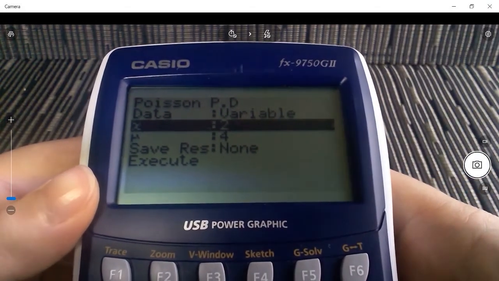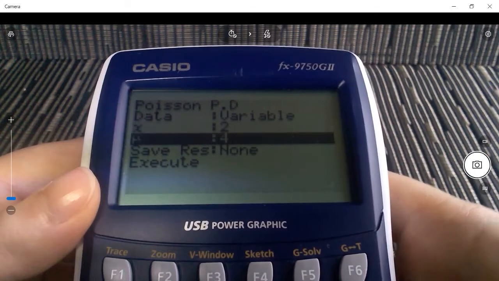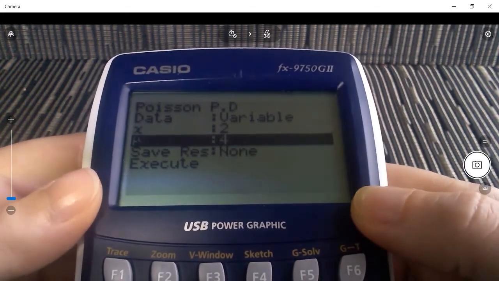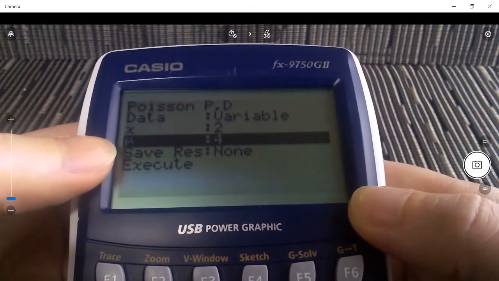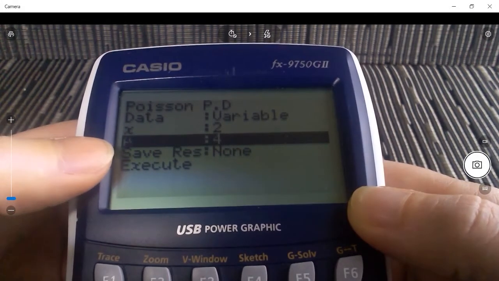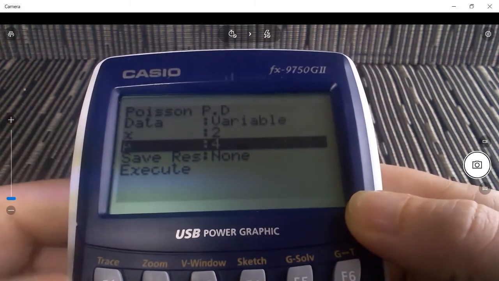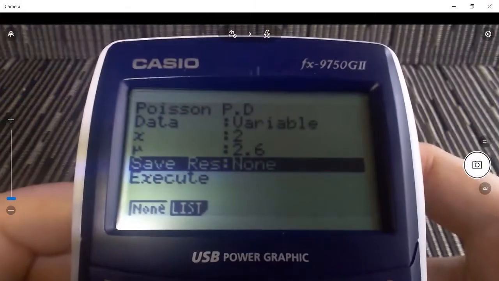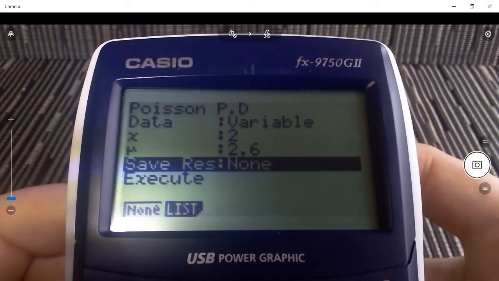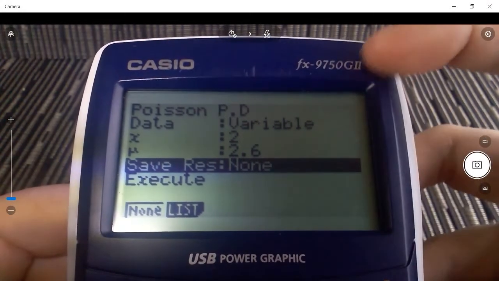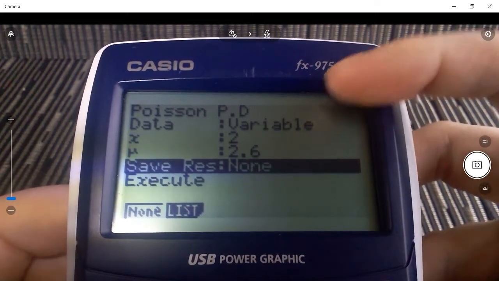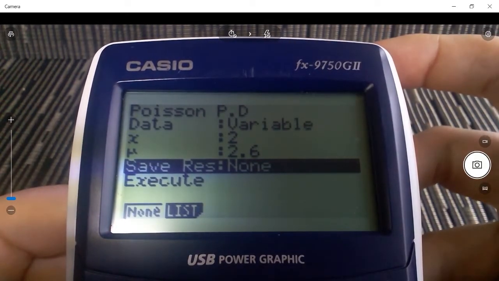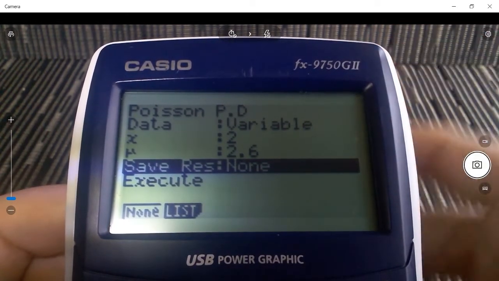X we're going to enter as 2, and our lambda, in the graphics calculator case, will show up as the mean symbol mu. This is where you're going to enter your lambda. We're going to put 2.6. So checking what we have in the calculator, we have Poisson PD, X being 2, and lambda being 2.6.